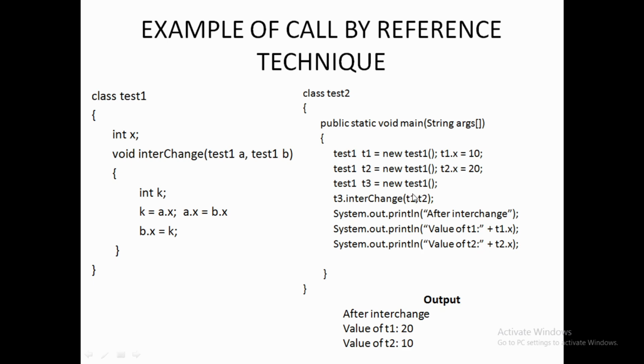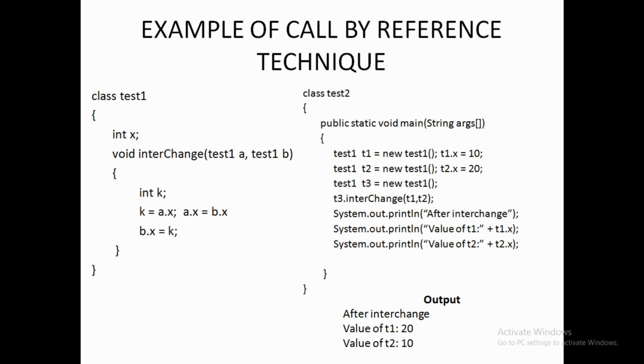So after this function call, anything we do with A and B will affect T1 and T2. All in all, the function call by reference technique is an interesting one, where any changes made in the formal parameter will affect the actual parameter. Also, in function call by reference, instead of passing simple values or variables, we are passing objects.